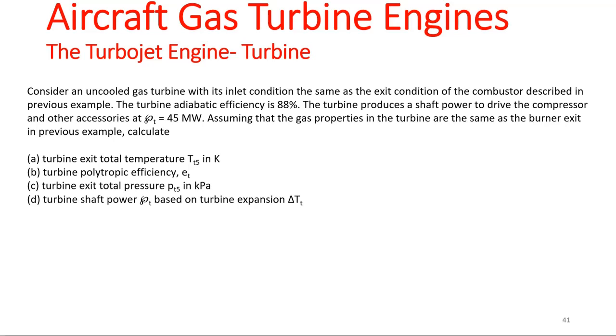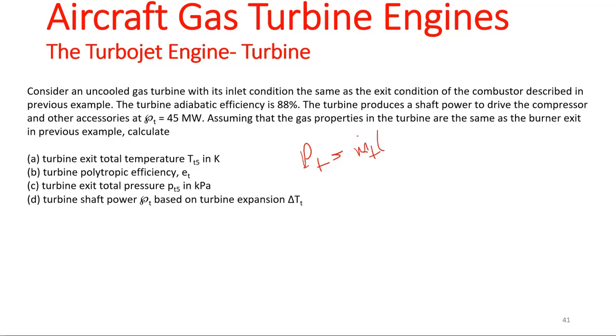Okay, so we have m dot, we have the inlet properties, and we have the shaft power, turbine power. How can we calculate the turbine total exit temperature? What was the equation we had for the shaft power? Exactly.